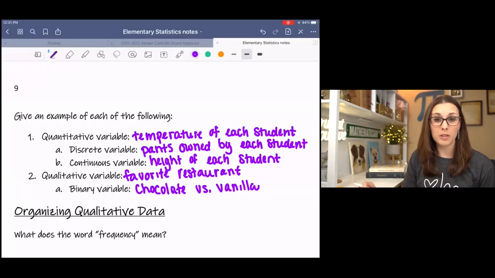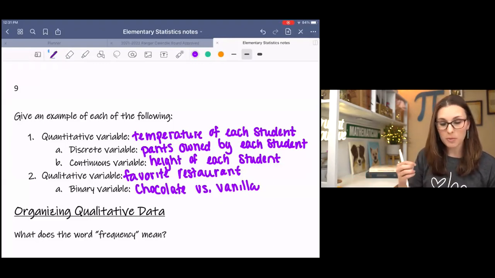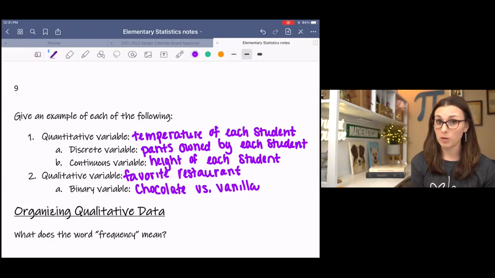I'm hoping you got some different variables than I got. I would imagine that you did. But here's some of the examples that I chose. An example of quantitative variable would be the temperature of each student that walks into the building. There was a time in life where we were taking the temperature of everyone that walked in, and so that would be a really easy variable to gather since it's done every day.